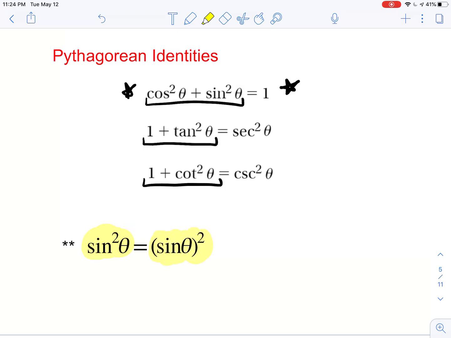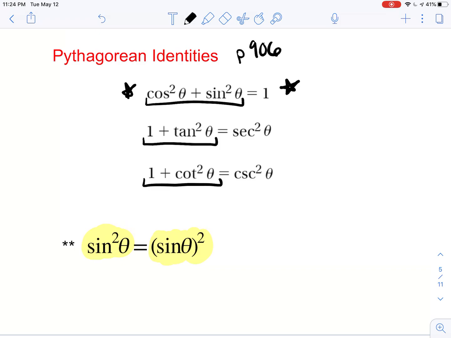One thing we have to be aware of is that this notation, sine with the 2 in between, is the same as saying the entire sine function is squared. It's to help prevent us making a mistake with the angle being squared. It's the entire sine function, okay? So anytime you see that, think of it as having that entire sine function squared.